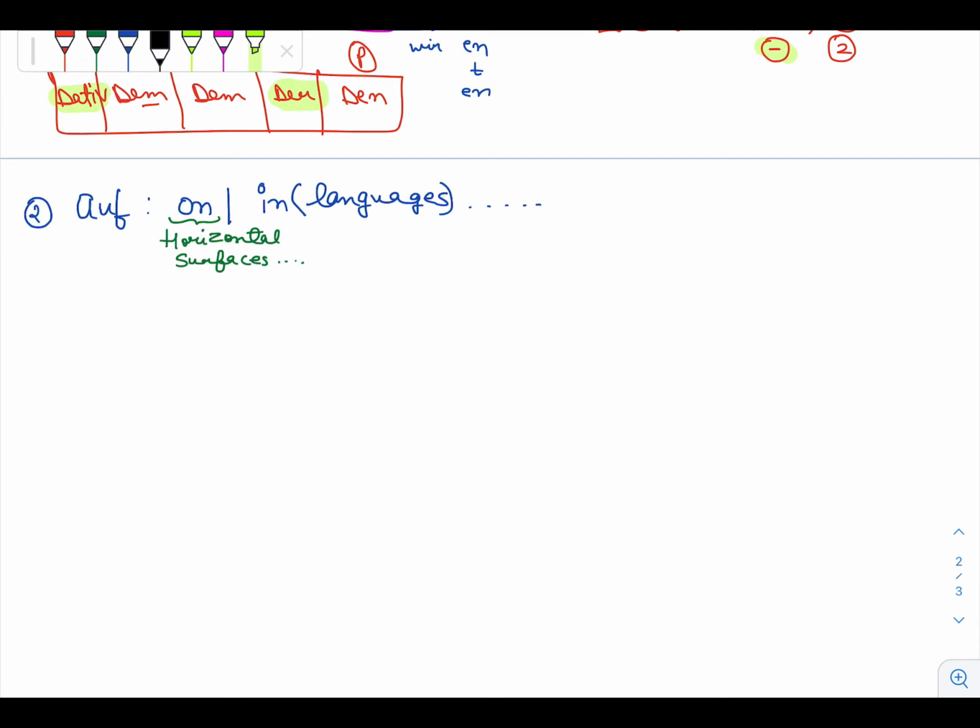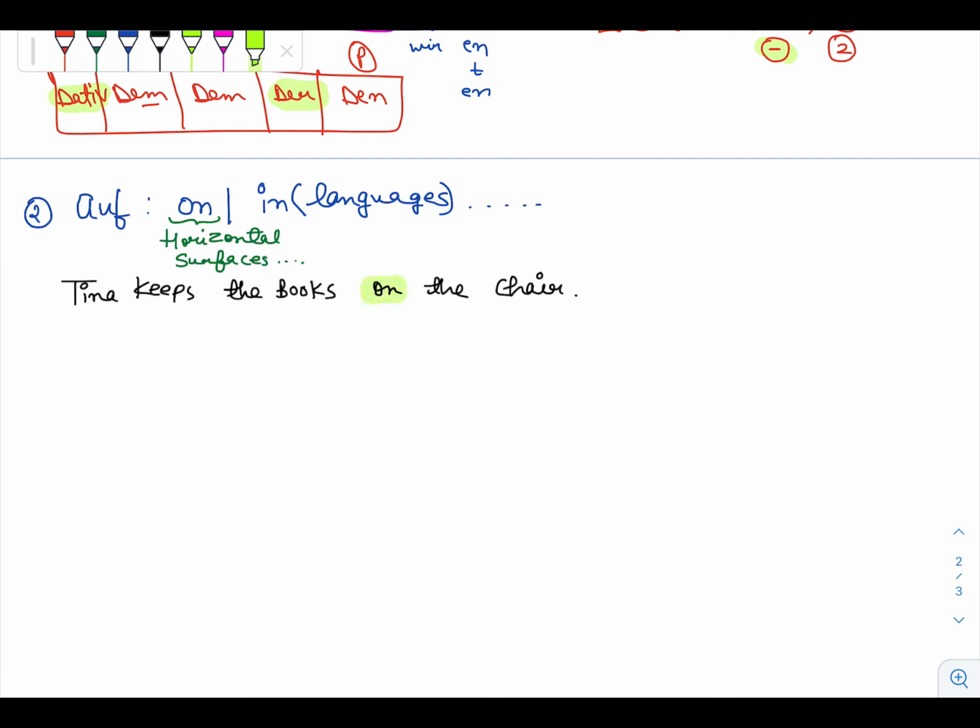Now we will see the example. Tina keeps the book on the chair. Tina keeps the book on the chair.